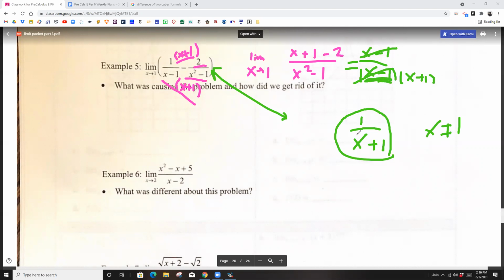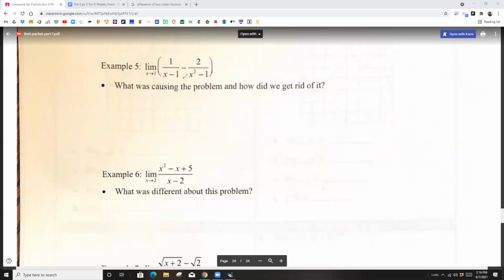But for every other x value, this will have the same y value as this. So we can use that as a guide and plug 1 in there and see what we get. And we get 1/2. So basically, by doing all this, we see that this function here has a hole at (1, 1/2).